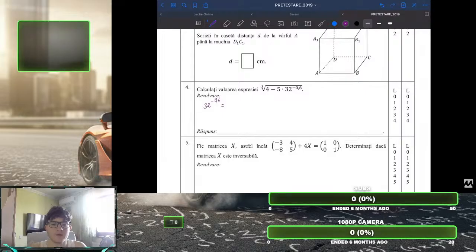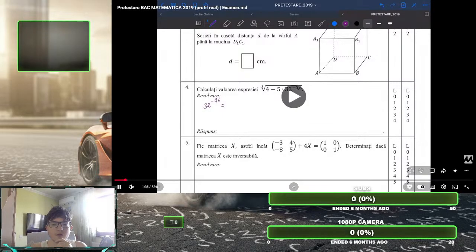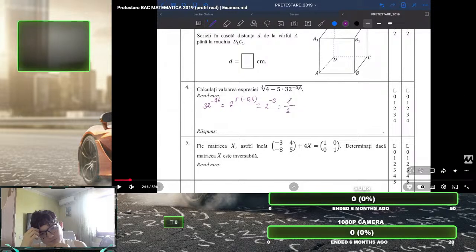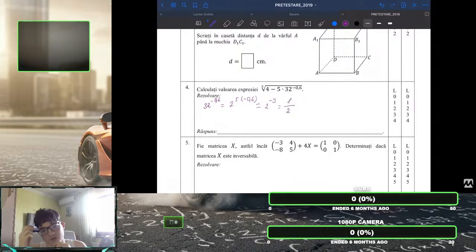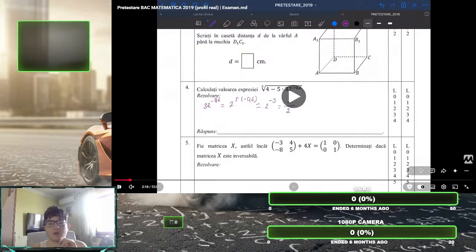So we're going to have 5 at the power of minus 3, which is essentially 1 divided by 125, stuff like that. So actually it's not 5 at the power, it's 2 at the power, so it's 1 divided by 2 to the power of 3, so it's 1 divided by 8.